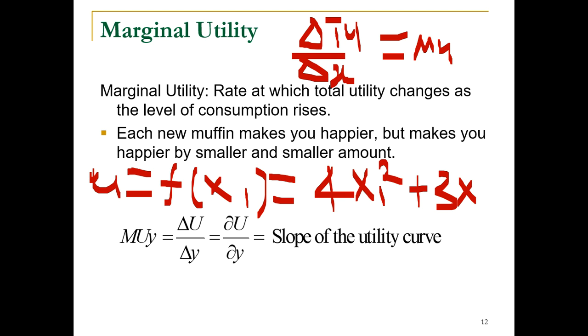We know that marginal utility is equal to the change in total utility per change in good x, which is just differentiating this function with respect to good x. So we know that when you differentiate this, we are going to have 8x. What is this now?